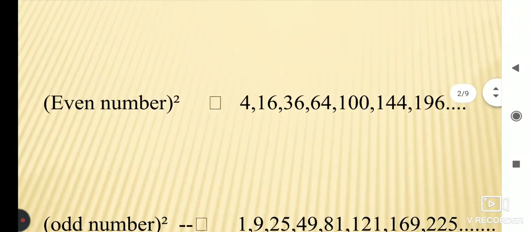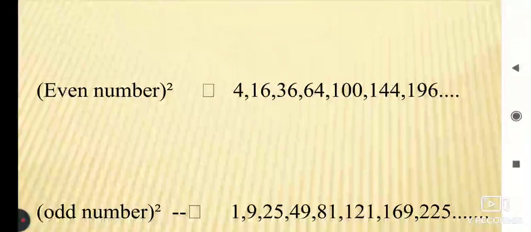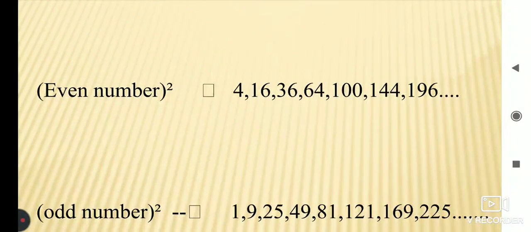The next series is the even number square series. The numbers given in this example are 4 16 36 64 100 144 196, etc. Here 4 is the square of 2, 16 is the square of 4, 36 is the square of 6.